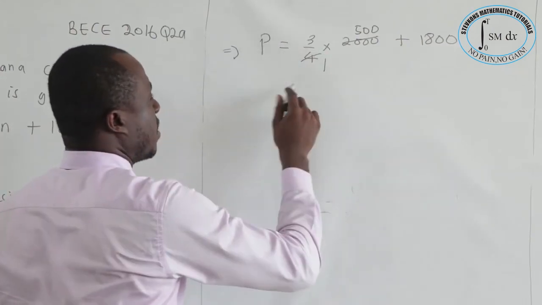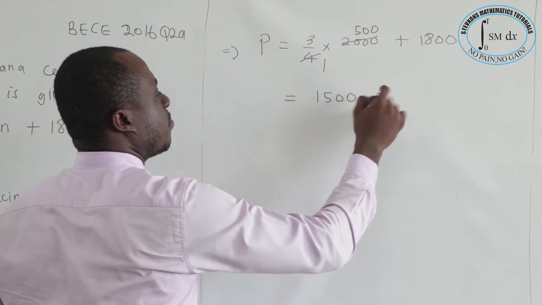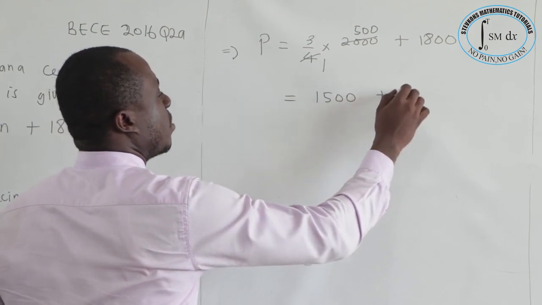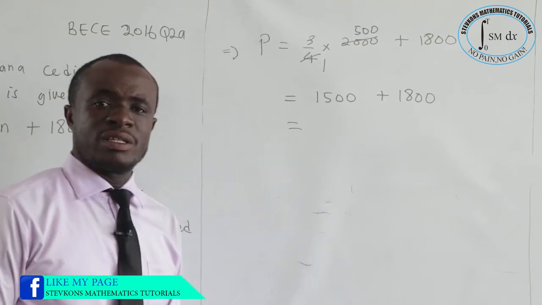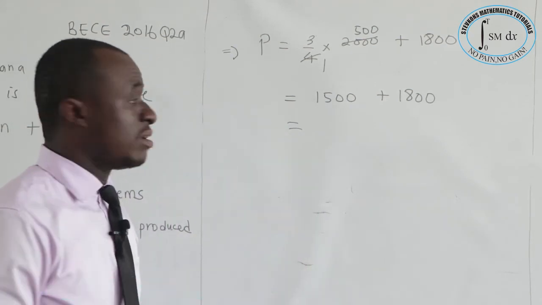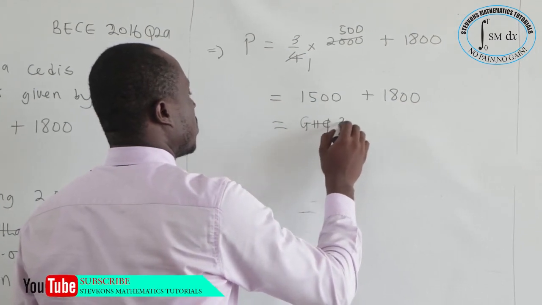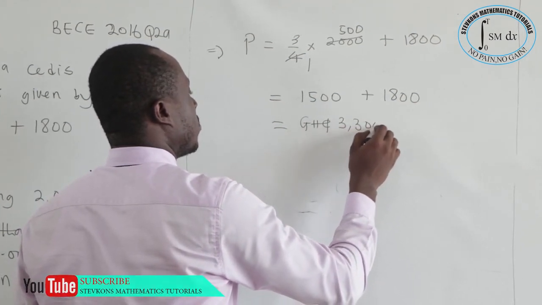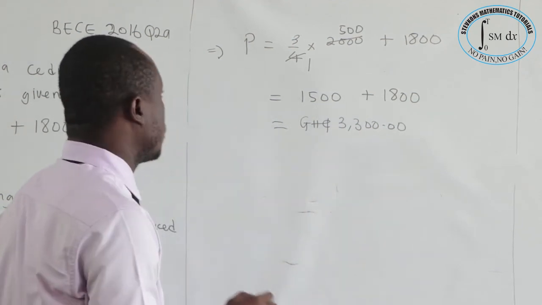Now what is 3 times 500? This will give us 1,500 plus 1,800. Now, what is 1,500 plus 1,800? This will be 3,300. And because it is currency, it should be 3,300.00.